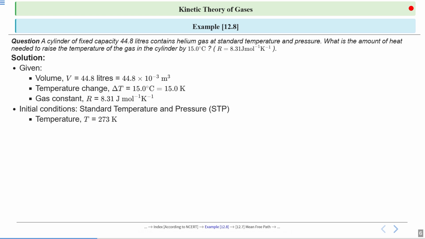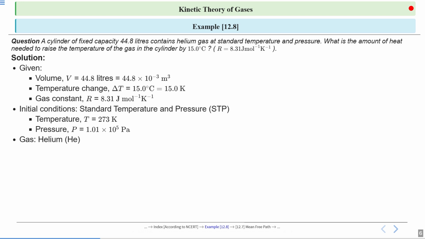So temperature T equal to 273 Kelvin. This is the standard reference temperature for gases. Pressure at STP is 1.01 into 10 raised to the power 5 Pascal. This standard pressure allows us to use the ideal gas law effectively.